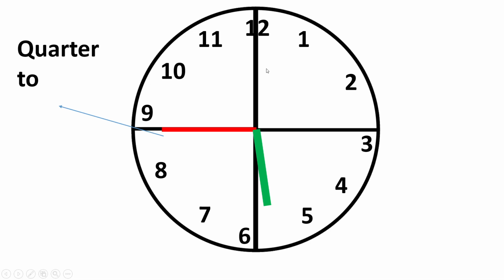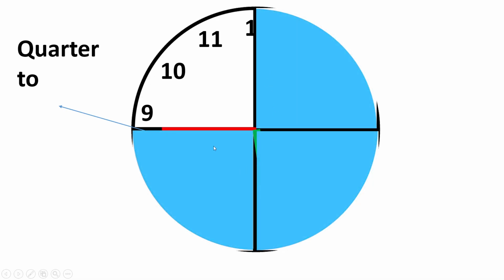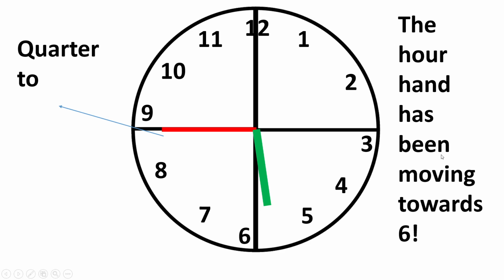We can see that the minute hand has moved 3 quarters around the clock, so only 1 quarter is left to be moved around. Since it's been moving towards the hour 6, we would call this quarter to 6. We're saying that only a quarter of the clock is left to be covered until we reach 6 o'clock.